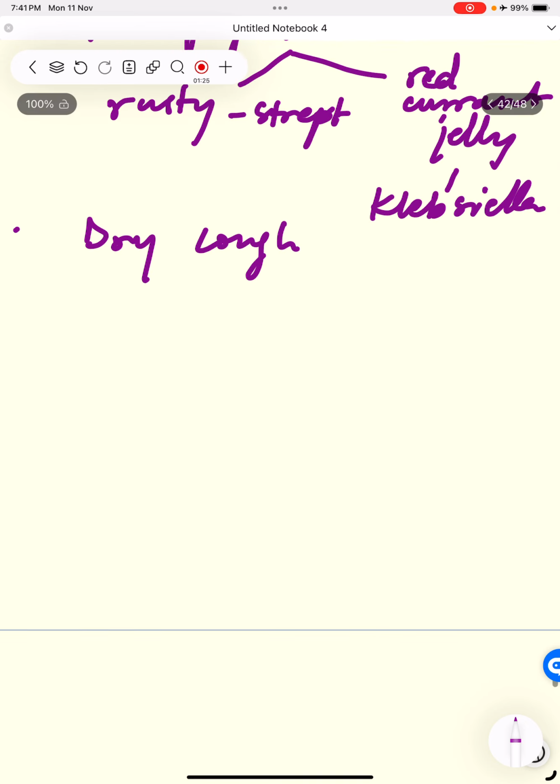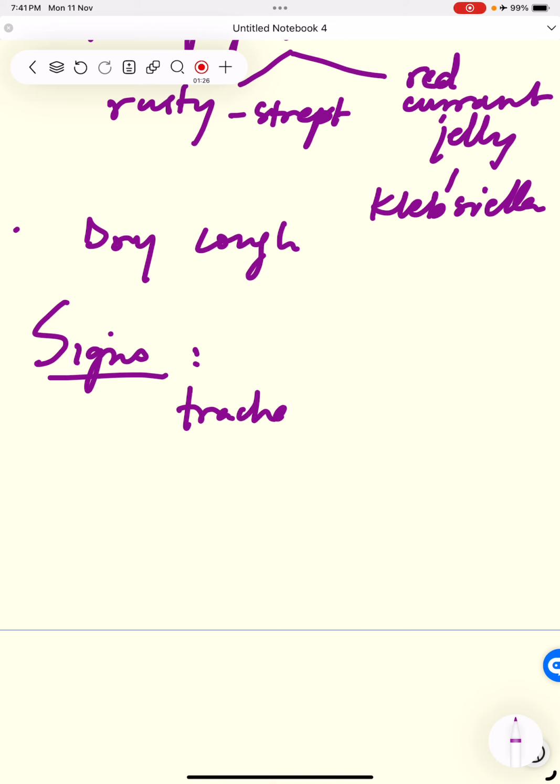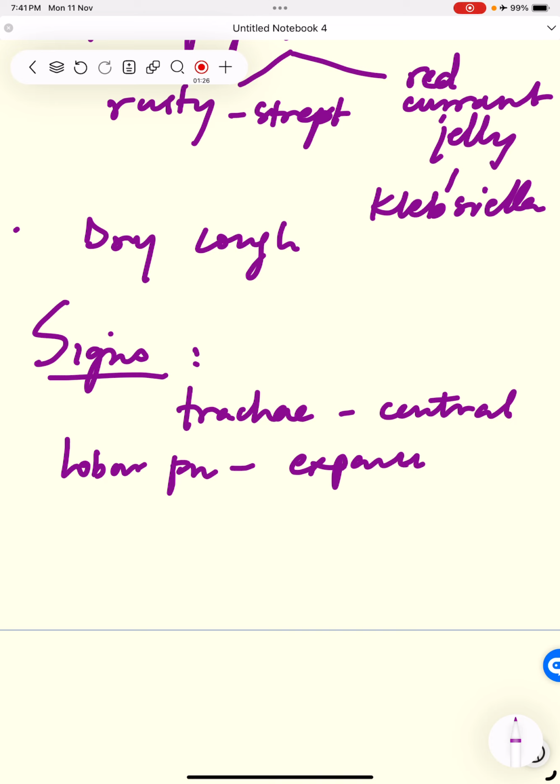Now, what are the signs that we must look for on examination? The trachea of the patient will be central, but if it is lobar pneumonia, the patient can have expansion. On expansion, they can have ipsilateral diversion of the trachea.